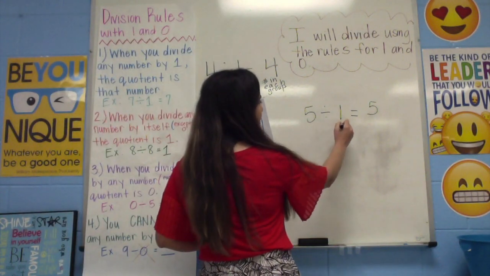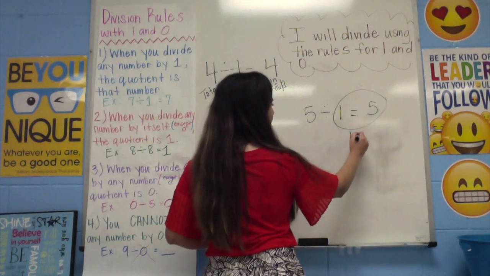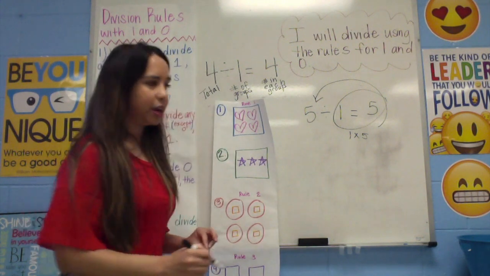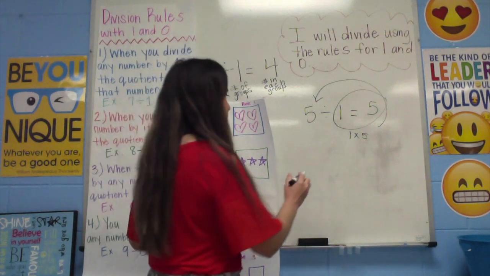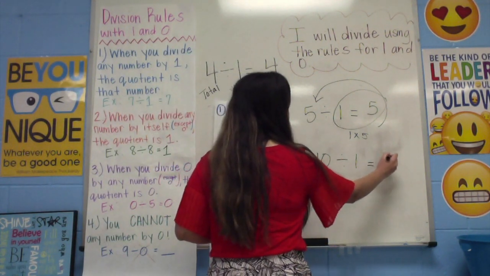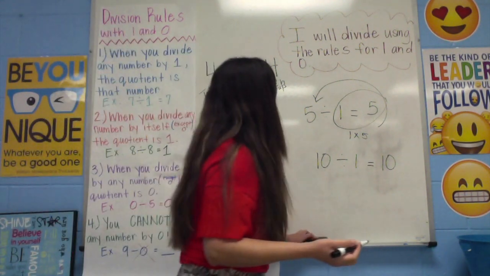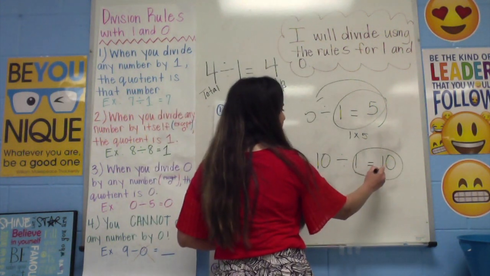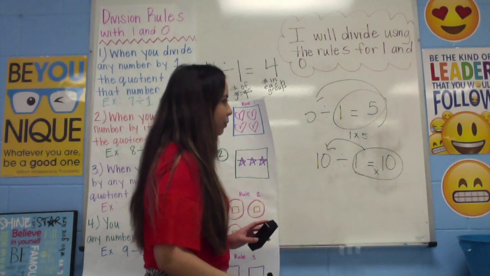You multiply the divisor and the quotient, and if you multiply 1 times 5, you should get 5, which is the dividend, okay? Again, when you divide any number by 1, the quotient is that number. So 10 divided by 1 will equal 10. And you can obviously draw a picture to help you with that as well. And to check our work, we know that 1 times 10 equals 10. So you know that is right.